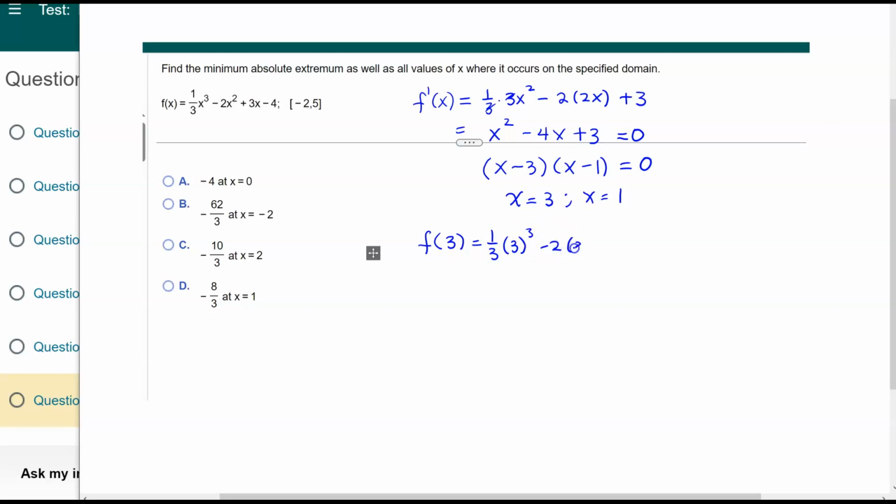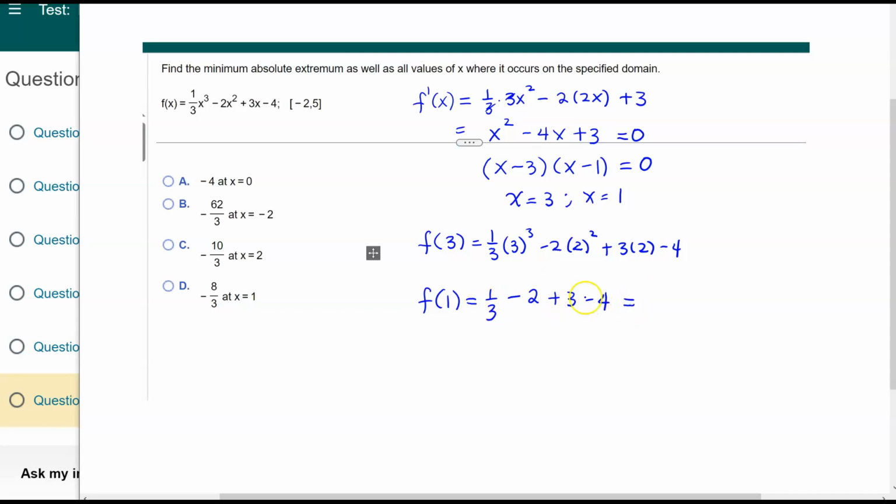And then you plug this into your calculator. Okay, so I'll plug this in. I'll write this down first, then I'll plug it in later. So that's if this is 1, that's 1. This one will just be 1 cubed is just 1. So that will just be 1/3 minus 2, because 1 squared is 1, and then plus 3 minus 4.